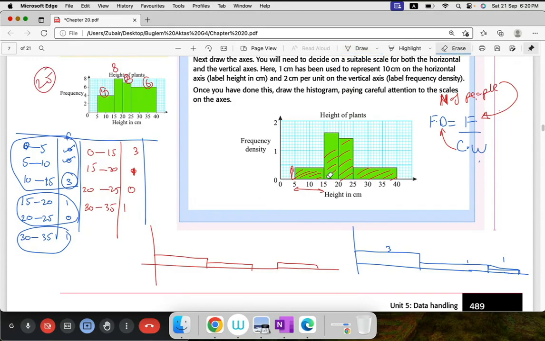On the right hand side, the width for the first one is 10 into height 0.4, plus 5 into 1.6, plus 5 into 1.4, plus 15 into 0.4, and we get 25 again. So this is the sample size.